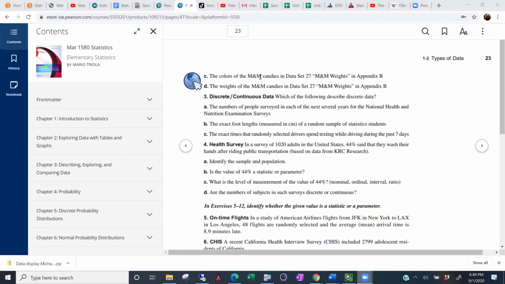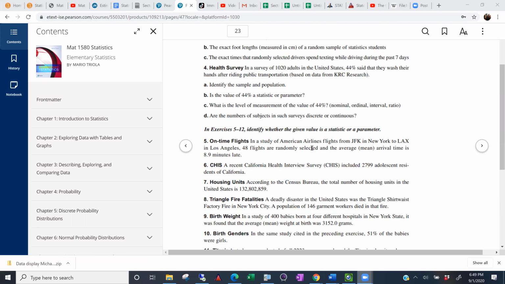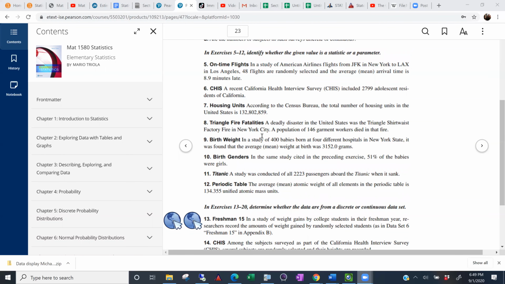Okay. I want to look at problem number 6 to start with. A recent California health interview survey included 2,799 adolescents in California. It says, identify whether the given value is a statistic or a parameter. Well, 2,799 adolescents in California, does that sound like a census?